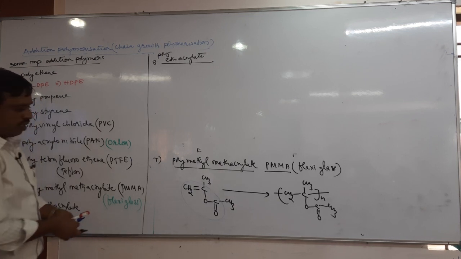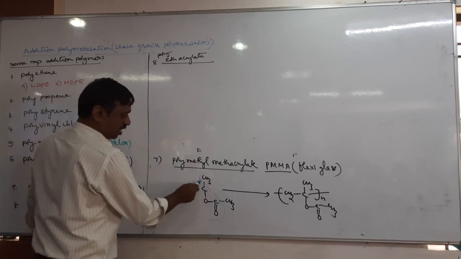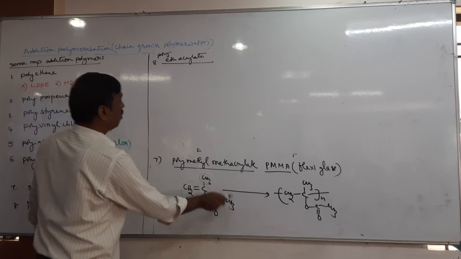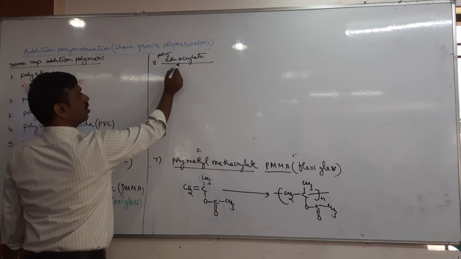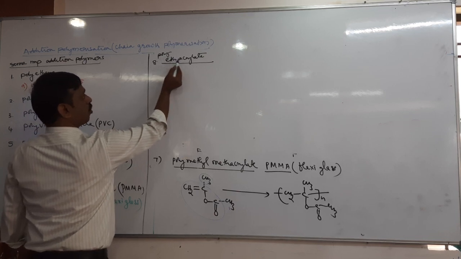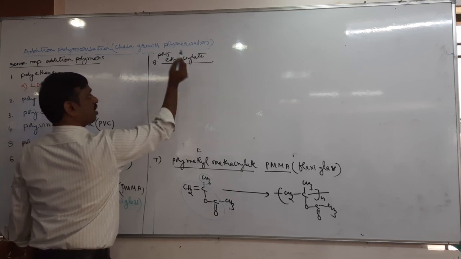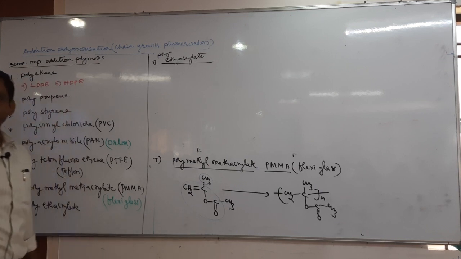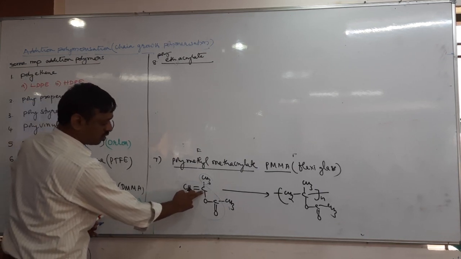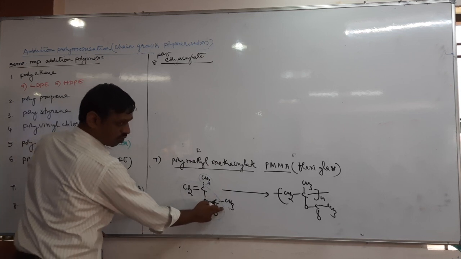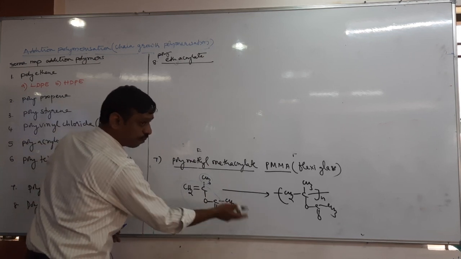So what is the monomer? Only ethacrylate. Acrylate is CH2 double bond CH, then C double bond O with O. If methyl is there, it is methacrylate.